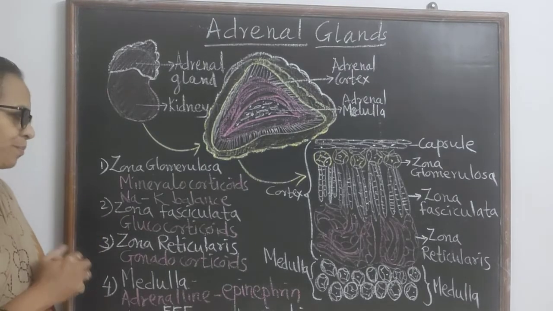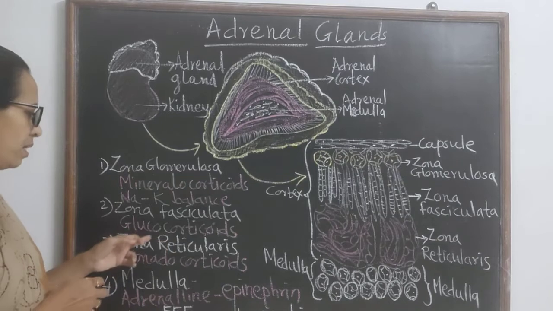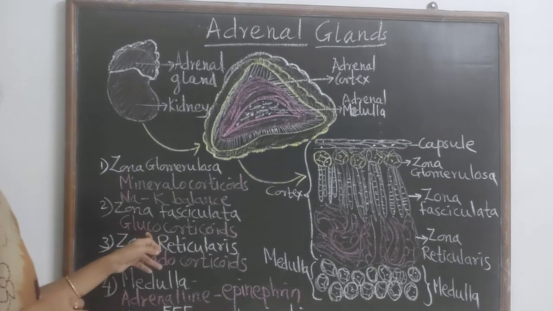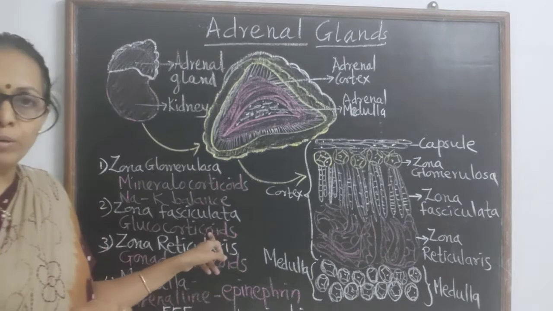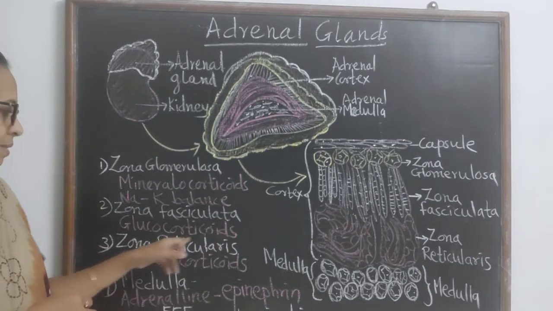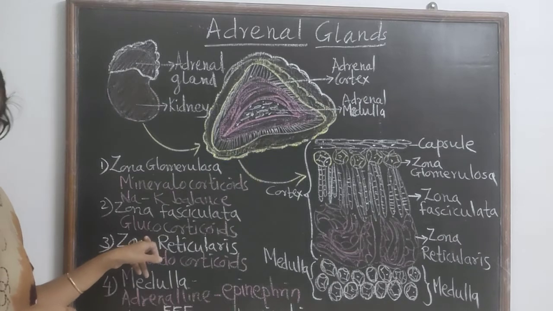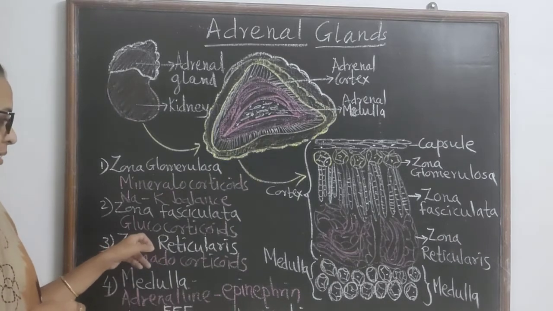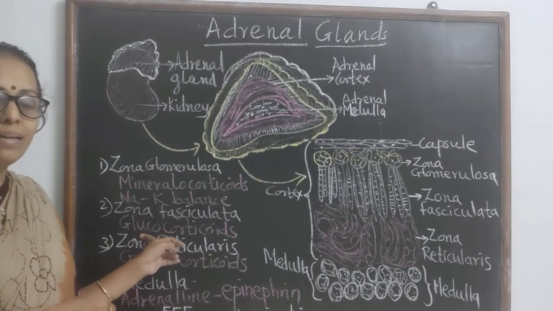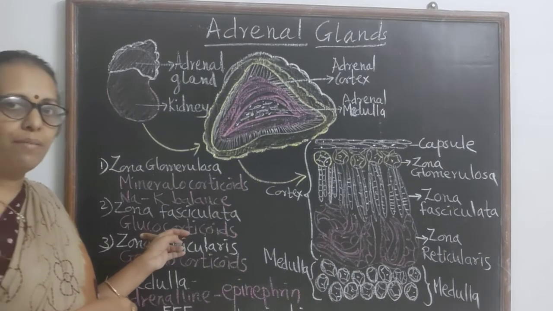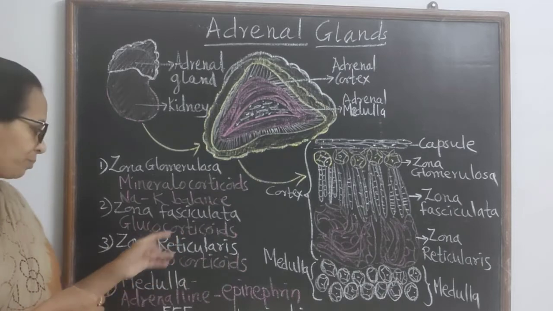The second layer, the zona fasciculata, secretes the corticoid which we call glucocorticoid. A more popular term for this is the life-saver hormone. It maintains the level of glucose. It is involved in the balance of glucose, proteins and lipids in the serum.